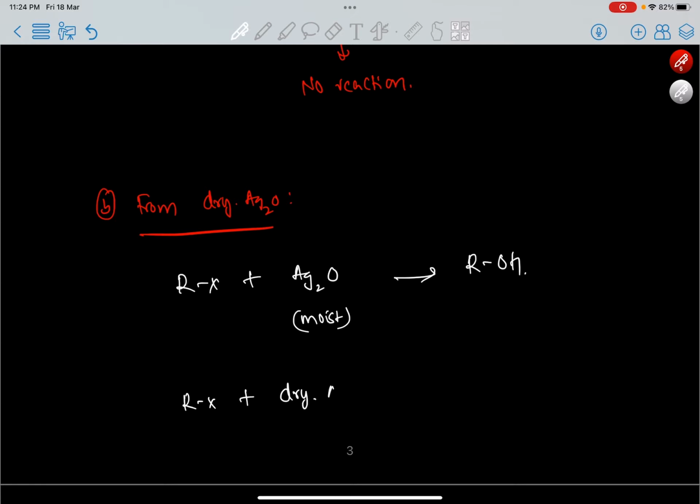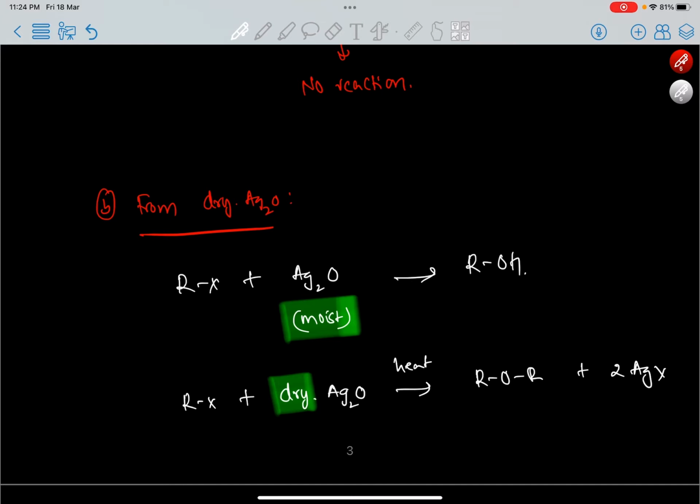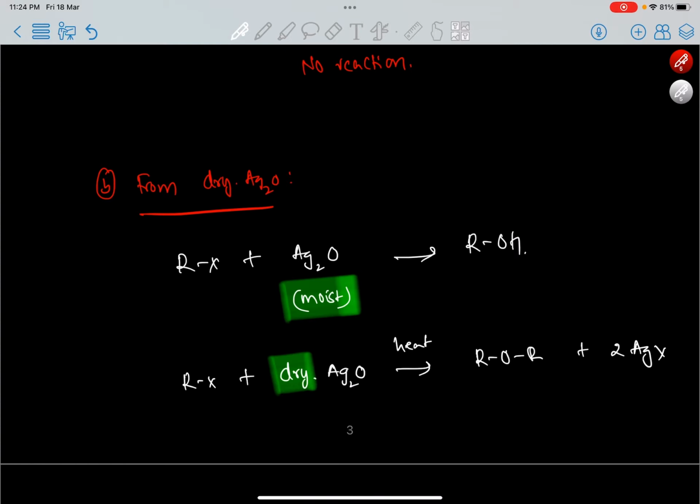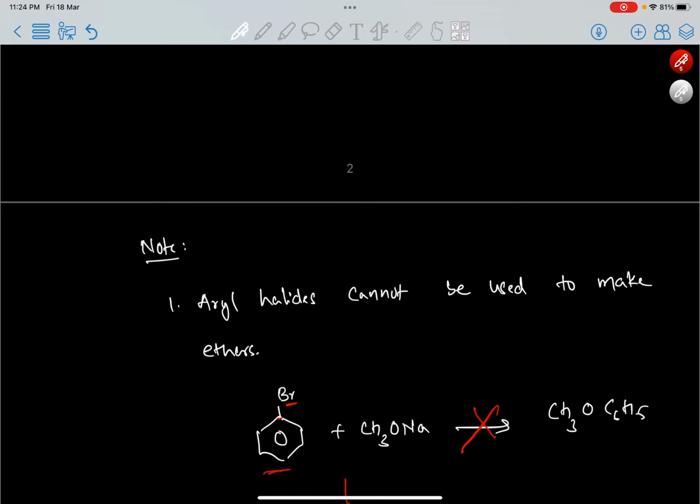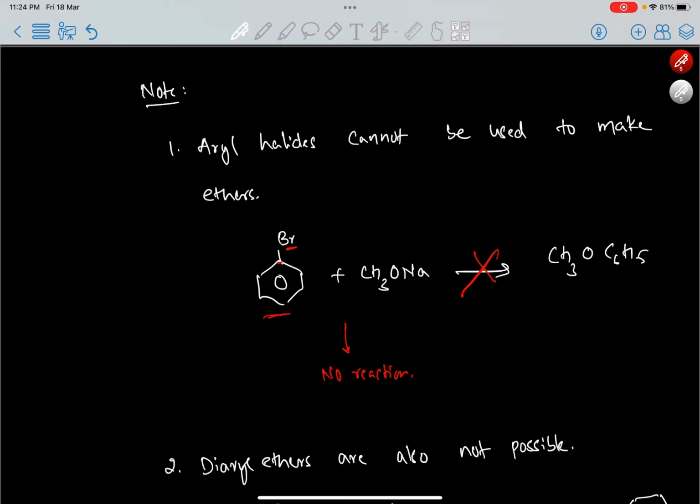So when alkyl halide reacts with dry Ag2O in the presence of heat, we get ROR, that is ether formation along with silver halide. This is one of the important methods to make ethers from alkyl halides. Till now we have discussed two methods, both from alkyl halides.